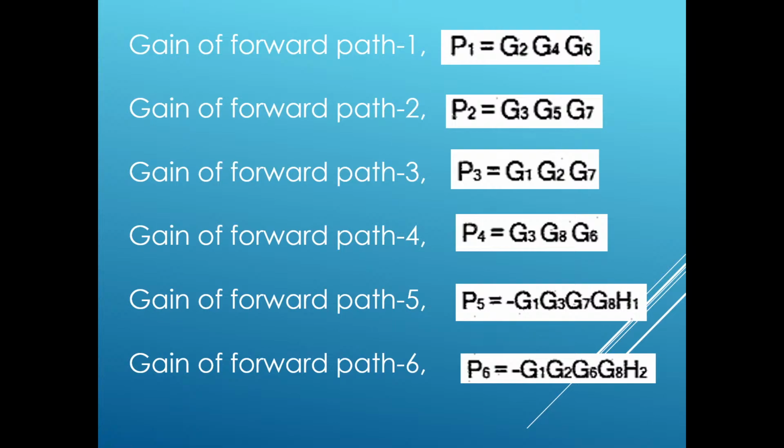P1 equal to G2, G4, G6. P2 equal to G3, G5, G7. P3 is G1, G2, G7. P4 is G3, G6, G8. It's better to write in sequence; I didn't write P4 in sequence. P5 equal to minus G1, G3, G7, G8, H1, and P6 is minus G1, G2, G6, G8, H2.